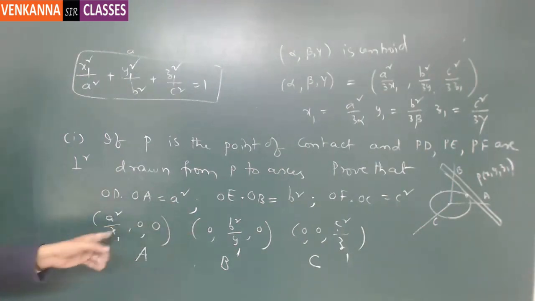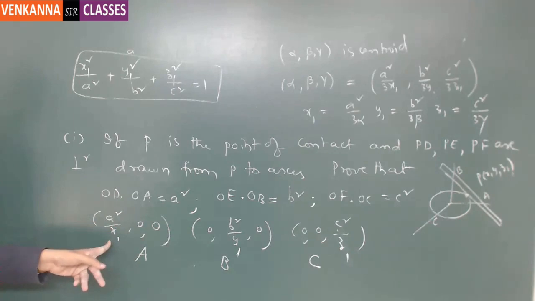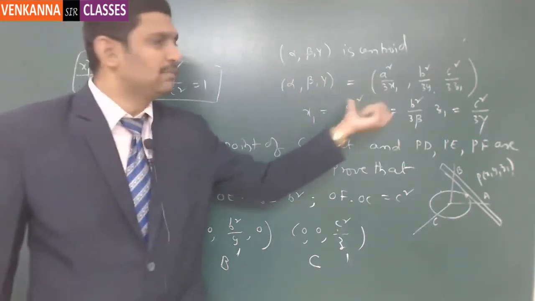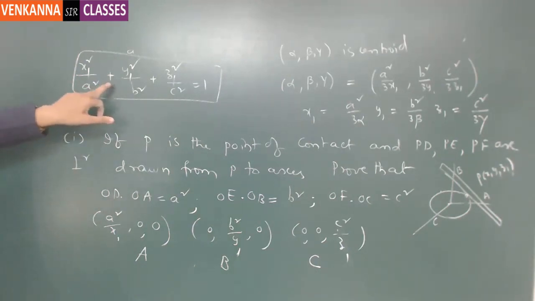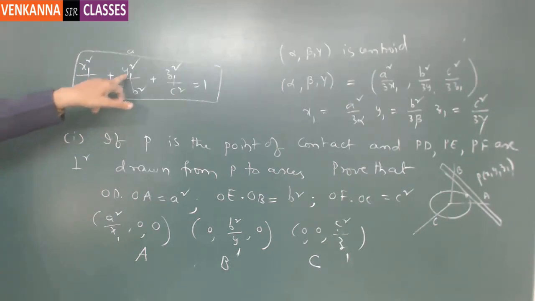So for the vertices, I have applied the centroid formula, I have equated them, and I get the values of x1, y1, z1. Now I am going to substitute the x1, y1, z1 values in this equation, because the point is satisfying the ellipsoid equation.